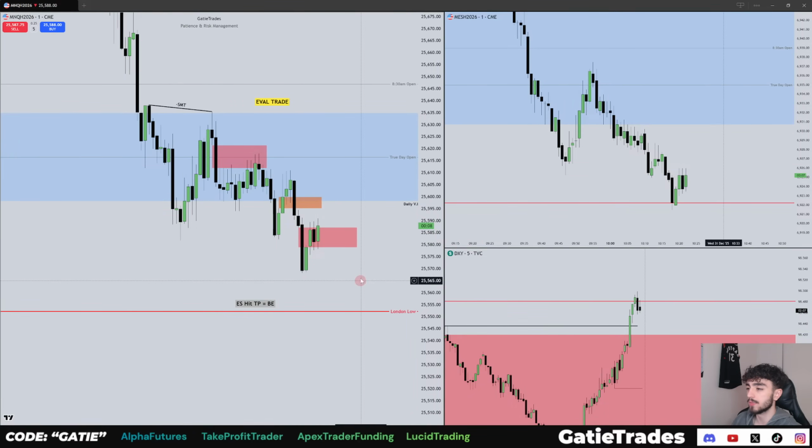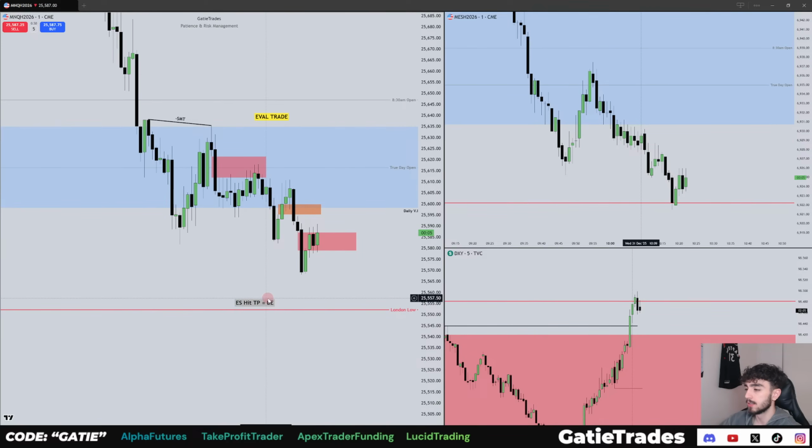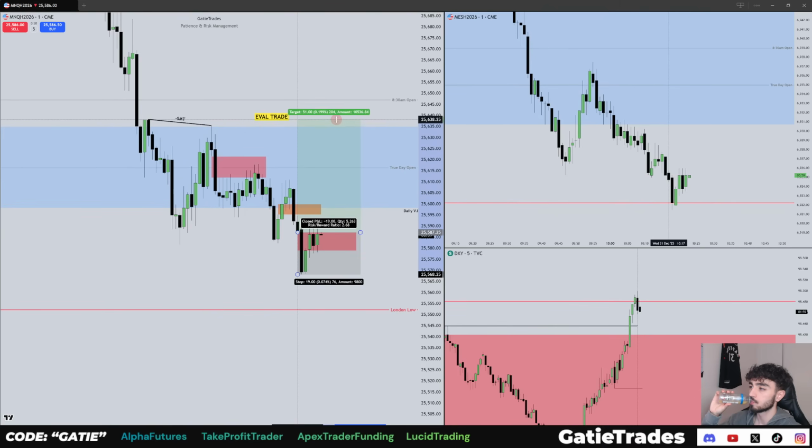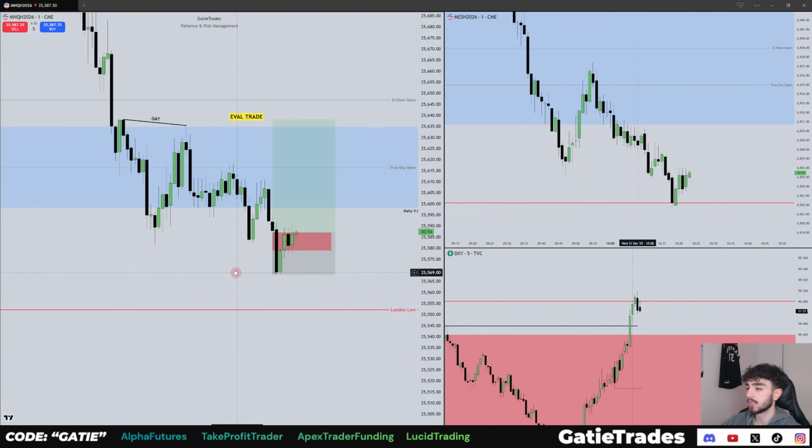Looks like dollar index is moving lower. If I jump on a long now, everyone's gonna talk shit, so we'll just tape read. I think the market can do this. I think it's more likely than London lows.